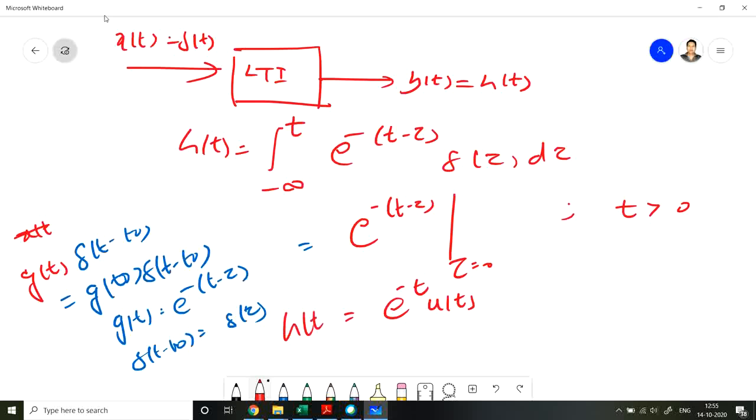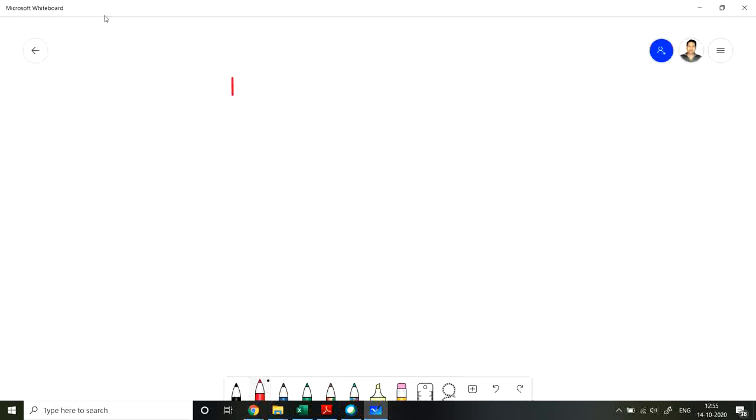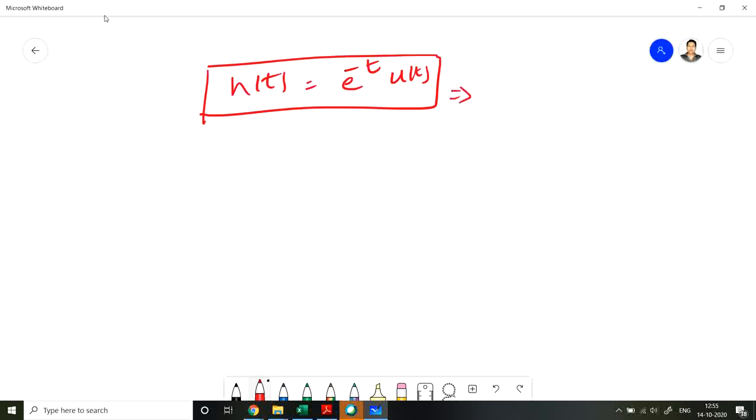So this is our impulse response, that is ht is equal to e raised to the power minus t into ut. This is the impulse response of the system.